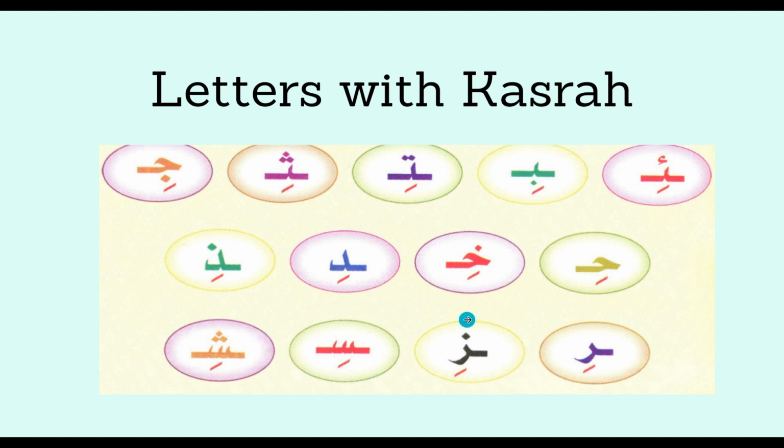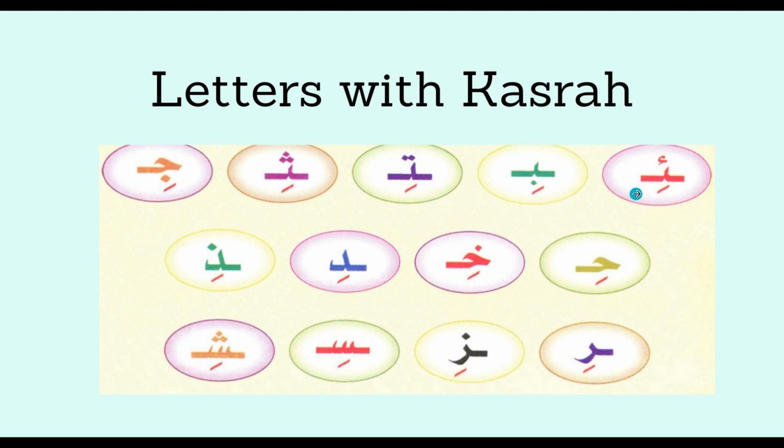Ri. Zi. Si. Shi. And remember, it's a short vowel, so you can't say Bee, that would be too long. It's a long vowel. So it should be short, Bi. So try to practice kasra with all letters, Hi, Bi, Ti, and so on till you reach Yi, which is the last letter with kasra.